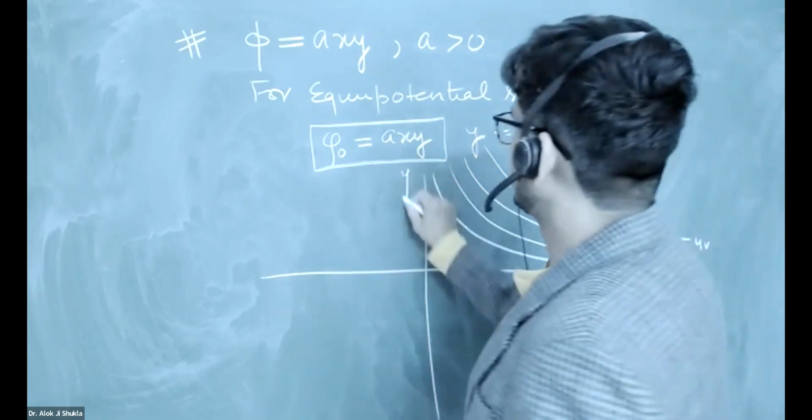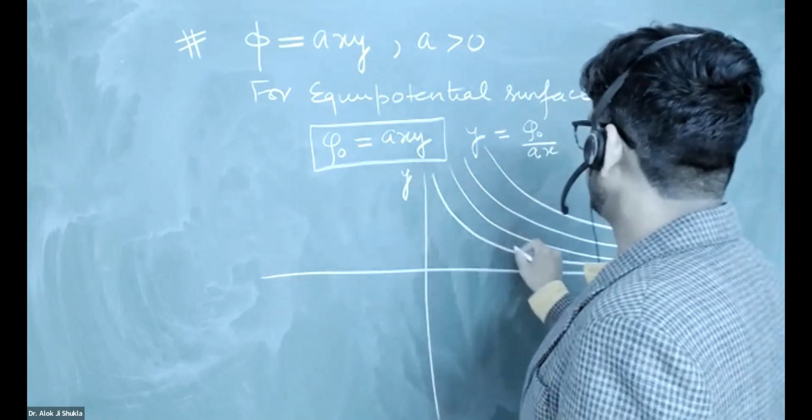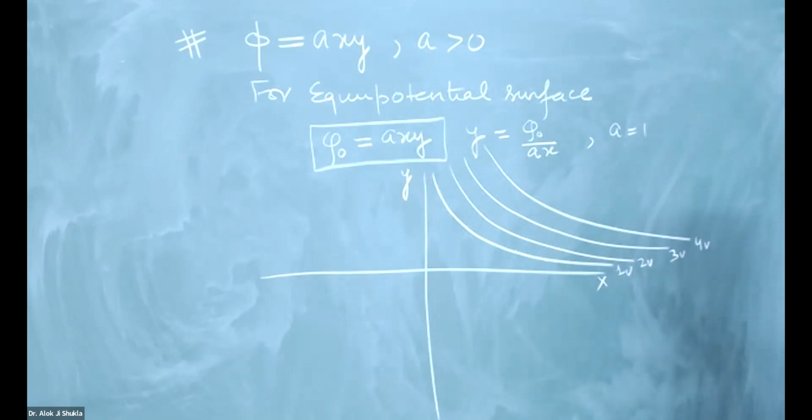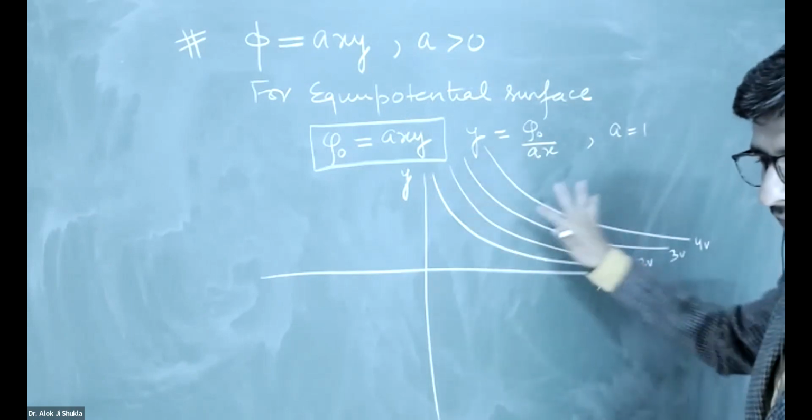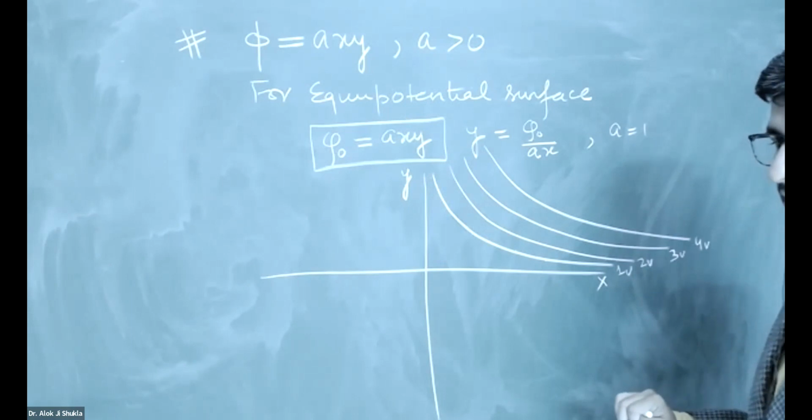That means on this value of points, the potential will remain constant. ये बात समझ आ रही है? So these are equipotential surfaces, right? I have drawn only in first quadrant right now.